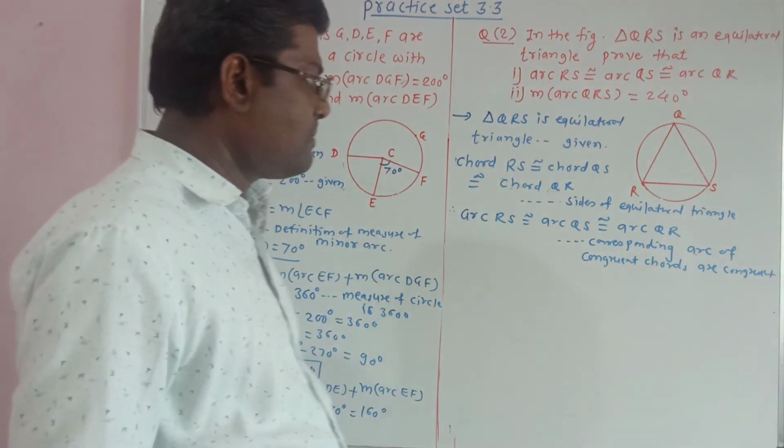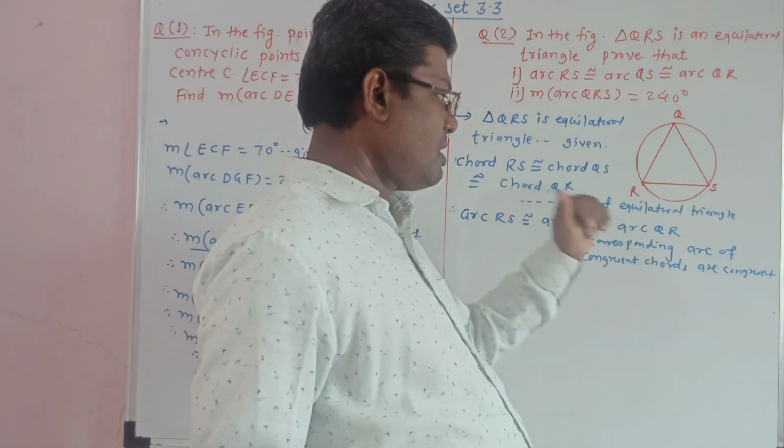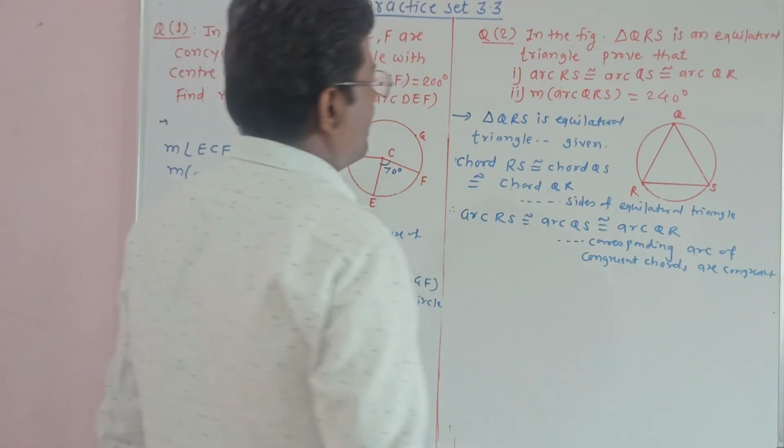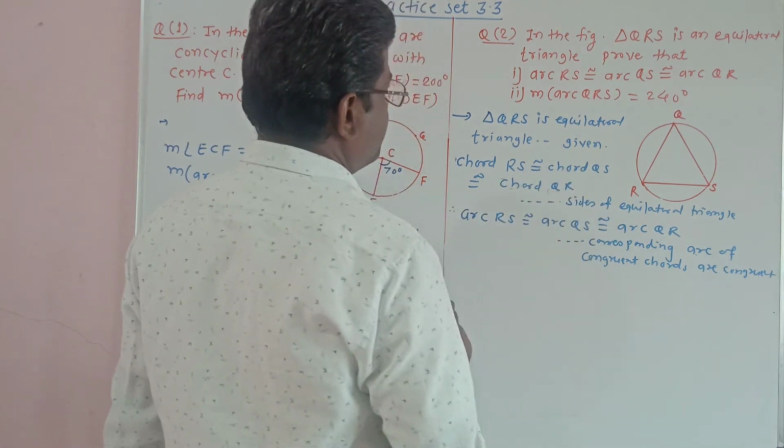Corresponding arcs of congruent chords are congruent. This is our first answer.